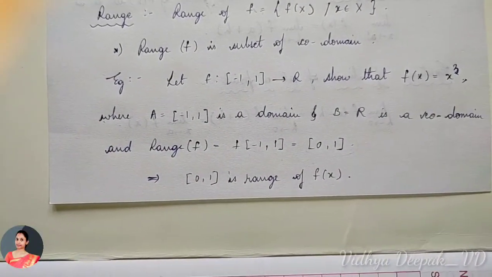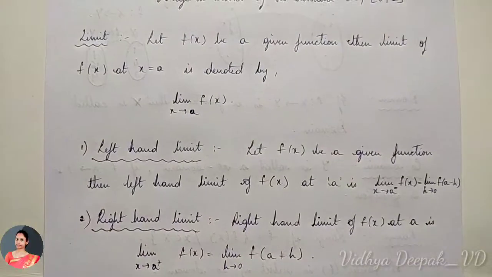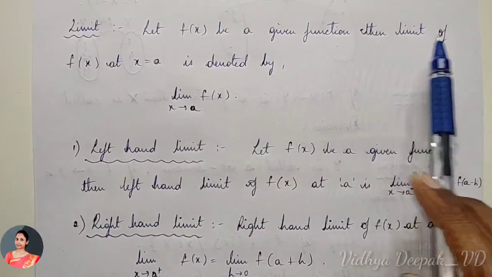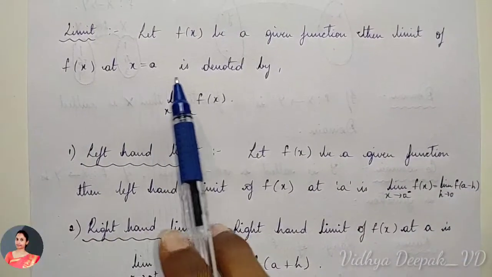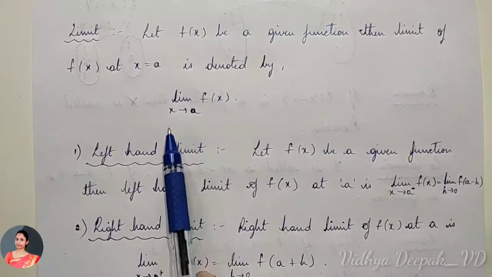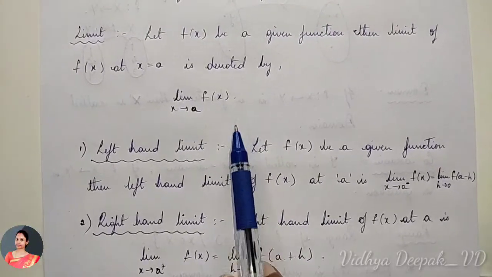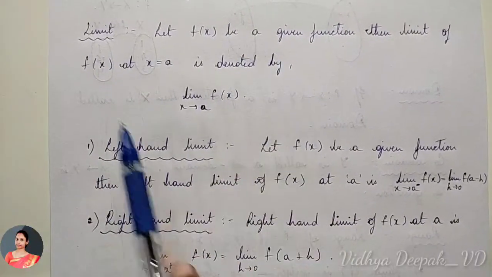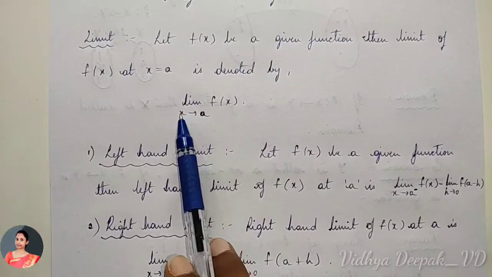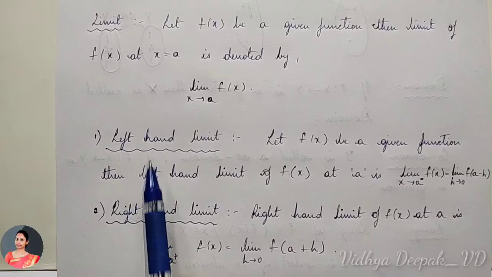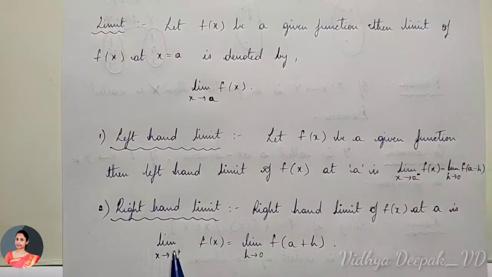Okay, so let's see what is the limit of a function. Let f of x be a given function, then the limit of f of x at x is equal to a is denoted by limit x tends to a f of x. So we have two types of limits, left hand limit and right hand limit.